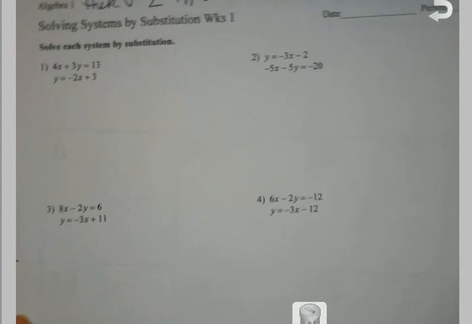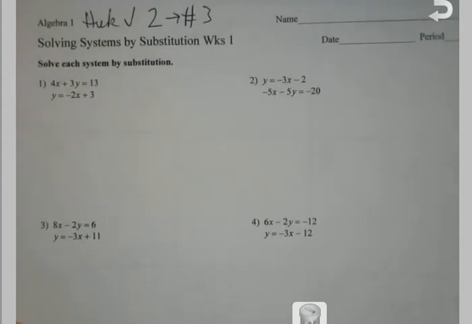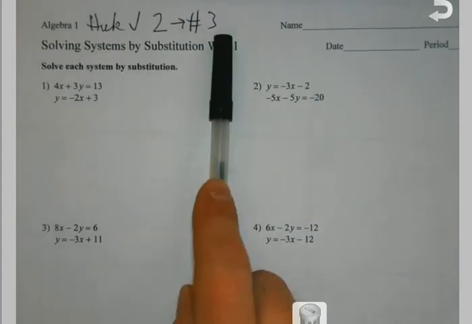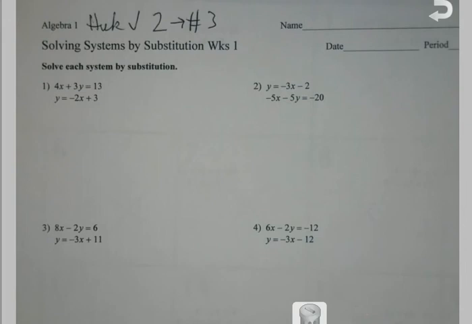Our work that we're going to do is going to be off of here. So when I go to do these, it's always a good idea up at the top to write down, okay, this is the second homework check, this is the third assignment, because sometimes we may get overlap before we have a homework check. That can happen sometimes. So again, what I would do is go ahead and do all of my boxing at the very start here.